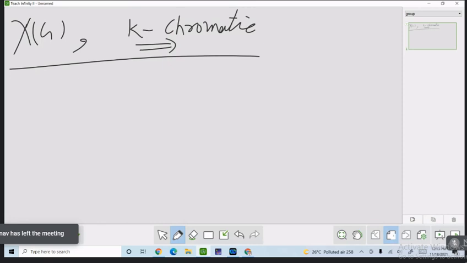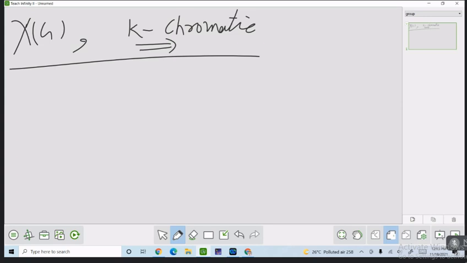Suppose we have a graph with order n. Using lambda colors, I'm not talking about the chromatic number, I just have some colors. Using lambda colors or fewer, we can paint the graph according to proper coloring.